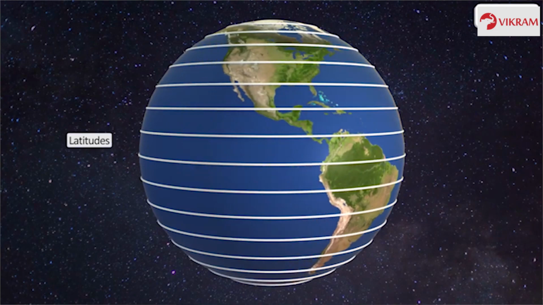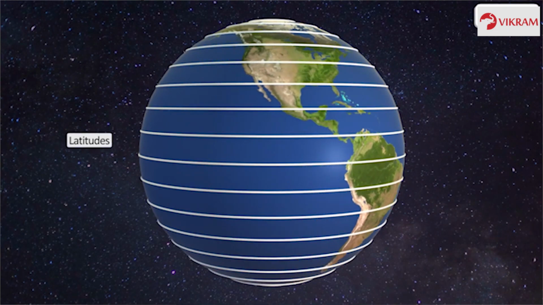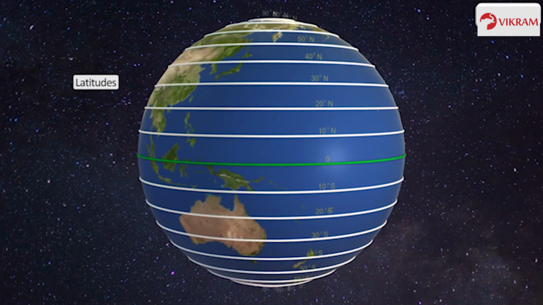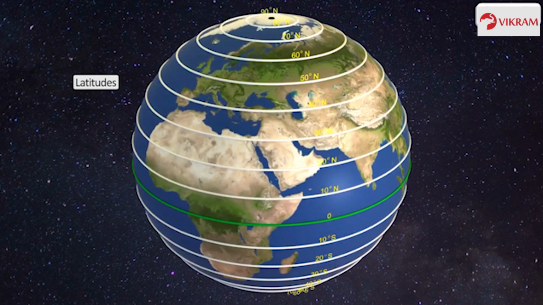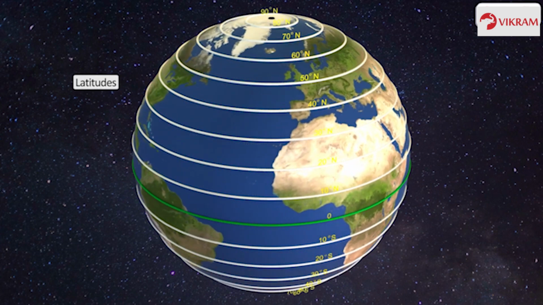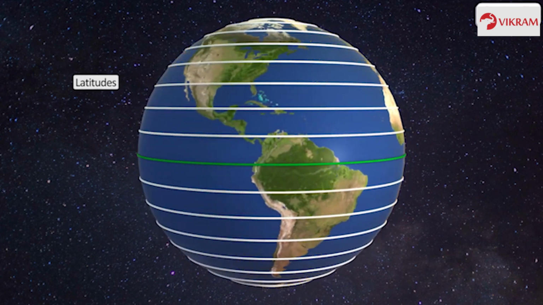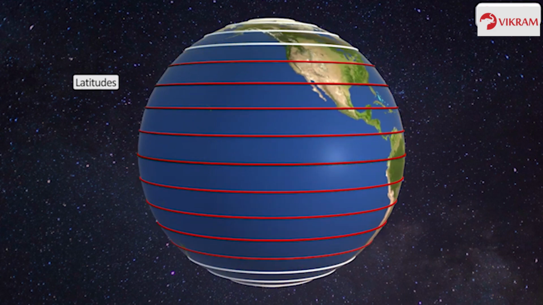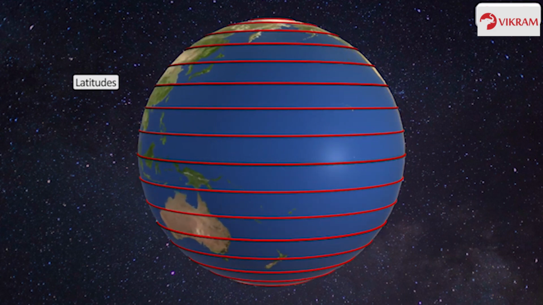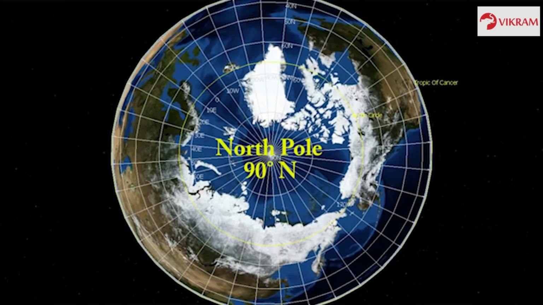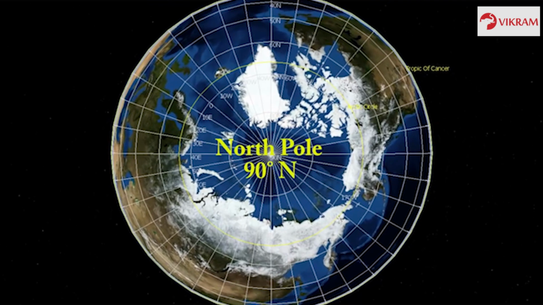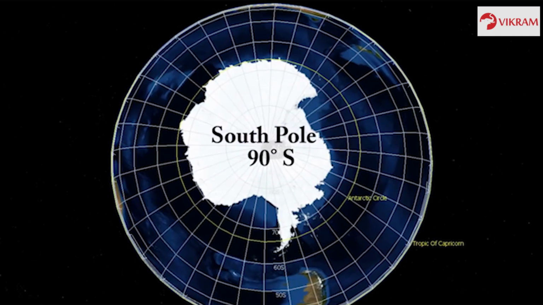They decrease in size from the equator to the poles. They are measured in degrees. The latitudes north of the equator are marked as N and the latitudes south of the equator are marked as S. There are 90 degrees of latitude on either side of the equator. The latitude of the North Pole is 90 degrees N and the South Pole is 90 degrees S.